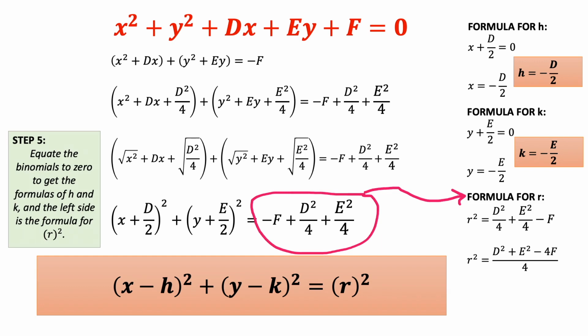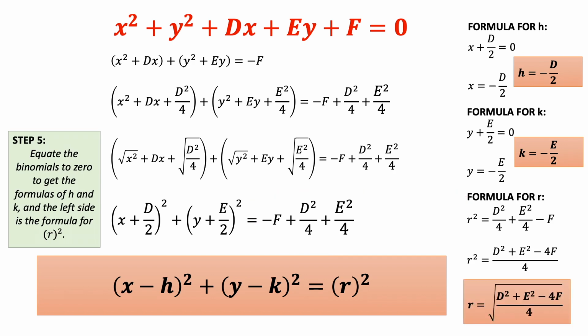Then, to get our formula, we will simply get the square root of both sides of the equation. Hence, the formula for r is square root of d squared plus e squared minus 4f all over 4.